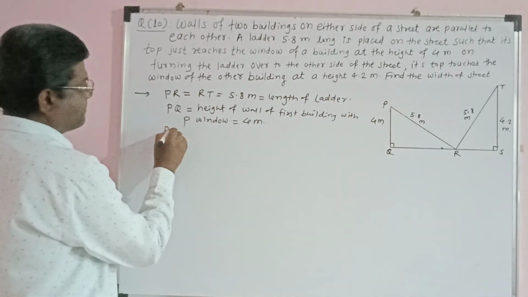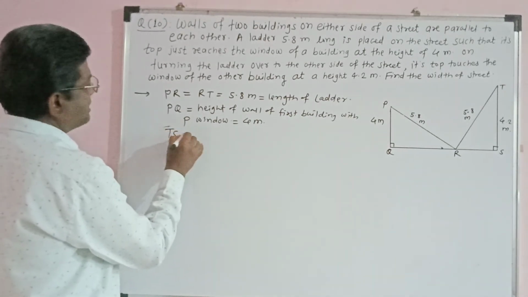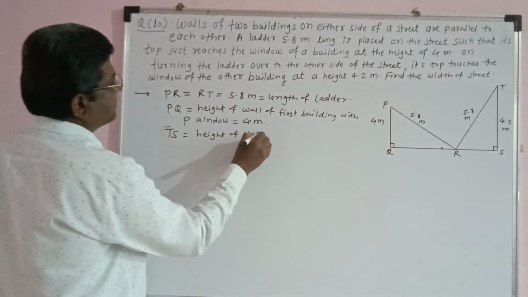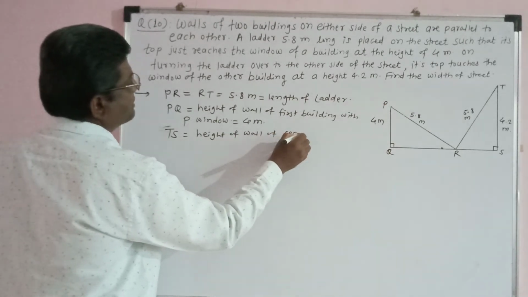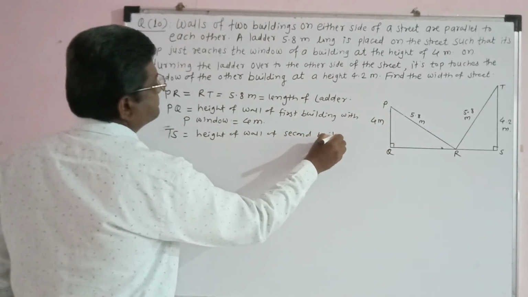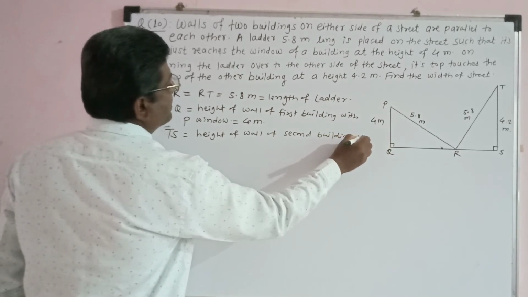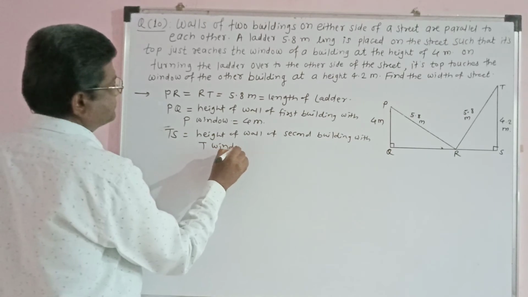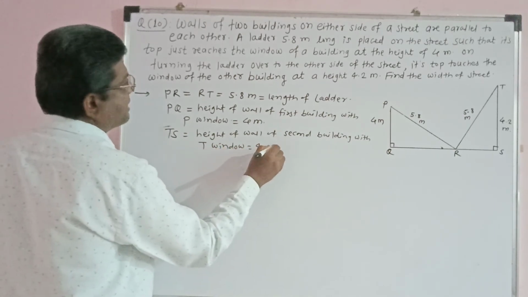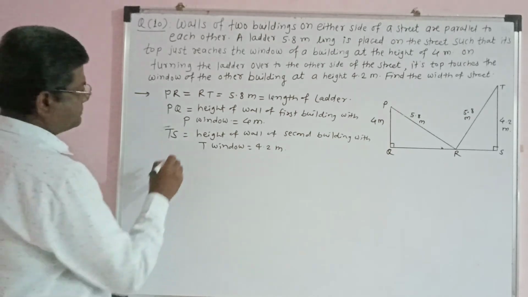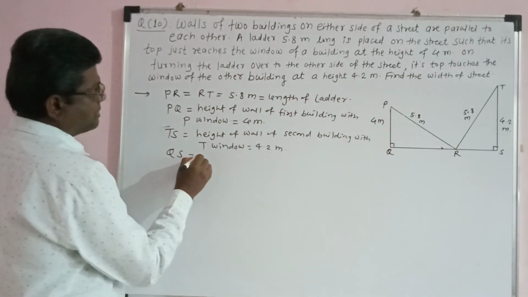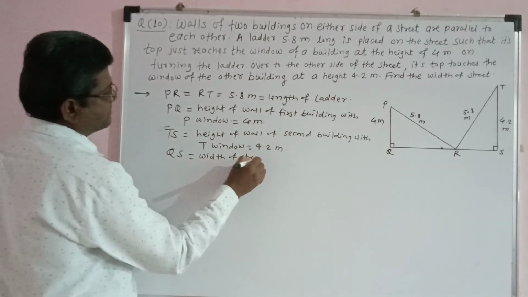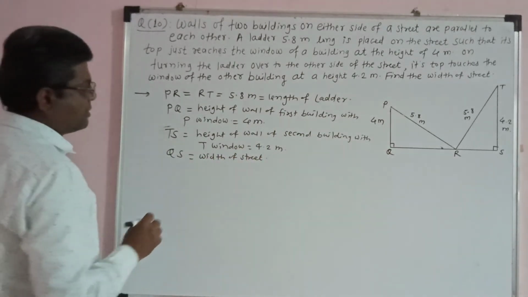Now TS is equal to the height of the wall of the second building with T window, and this is given 4.2 meter, and QS is equal to the width of the street. This we have to find out.